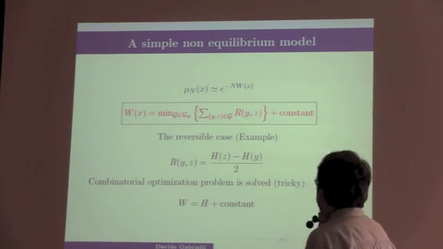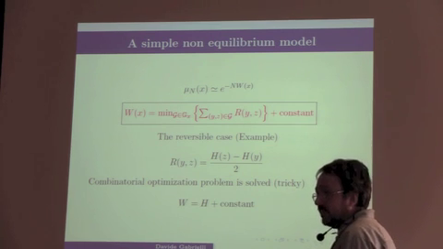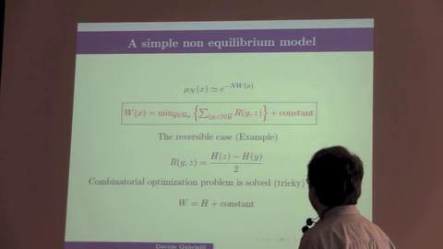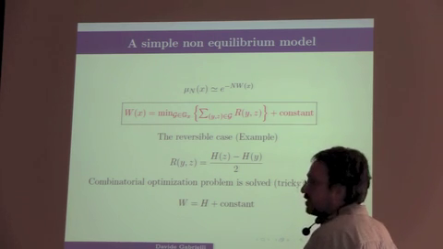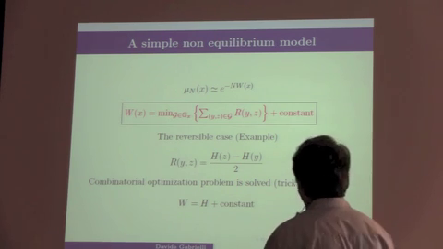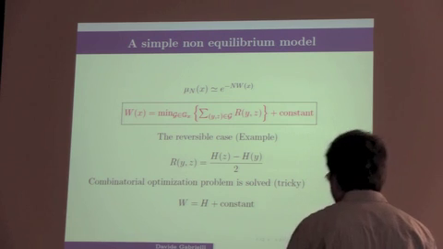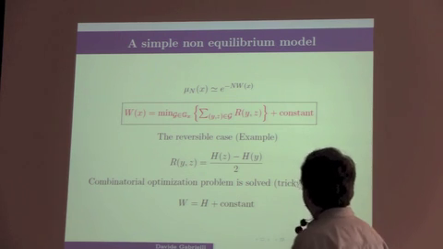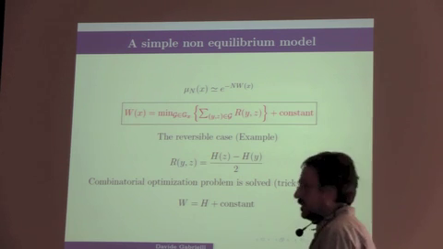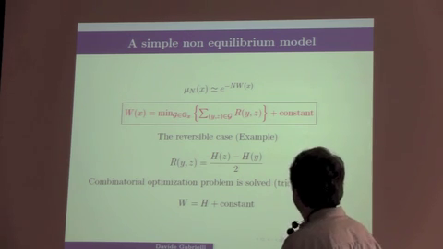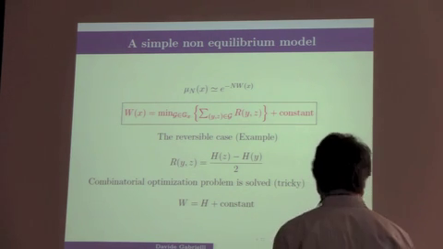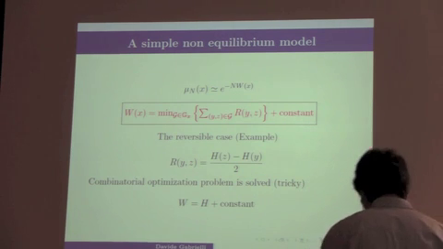If you choose the rates in such a way that the model is reversible, because you can do this, for example, this is a choice where the rates are reversible, then indeed you can solve this problem. Also in this case it's not completely elementary, but you think a little bit and you can solve it, and you get that this W indeed coincides with the function h. So in the reversible case it is easy. In the non-reversible case, you have to solve a combinatorial problem that can be quite hard.